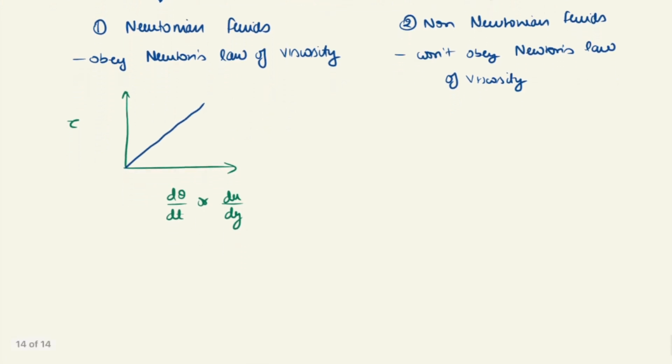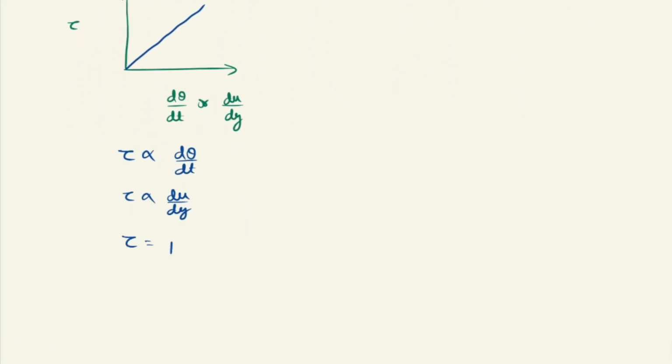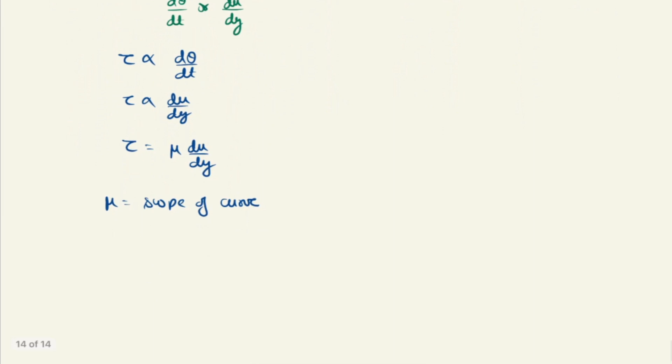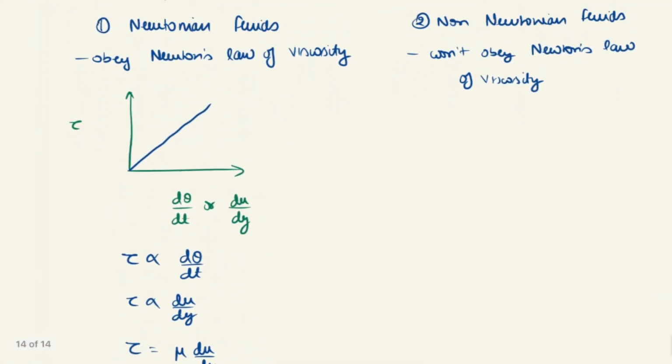That means that tau is directly proportional to d theta by dt. It implies that tau is directly proportional to du by dy. That means tau is equal to mu du by dy, where mu is the constant of proportionality. Also mu is the slope of the curve. It's a constant. So these are Newtonian fluids.